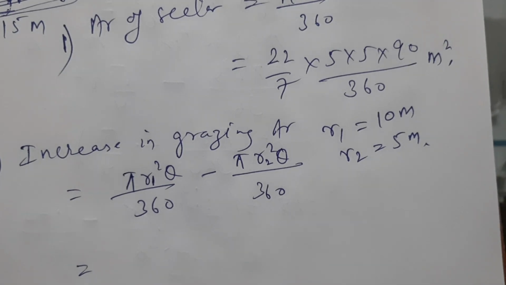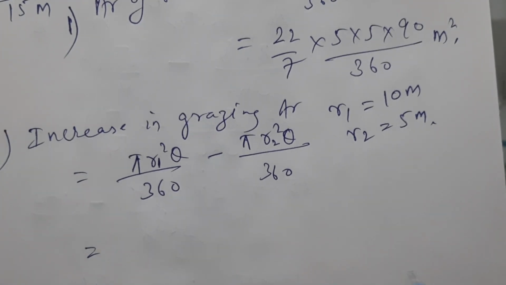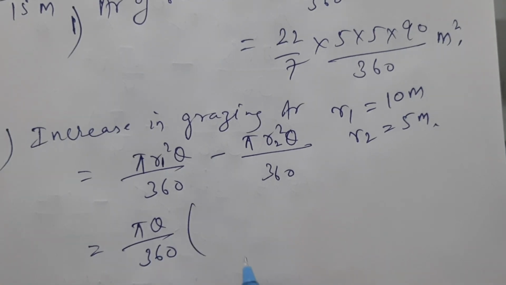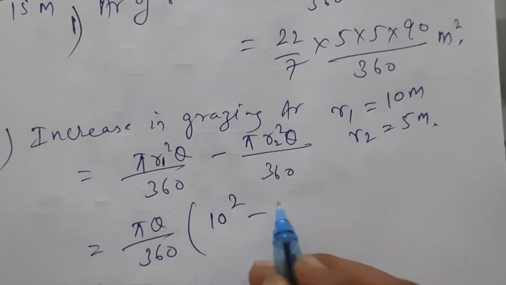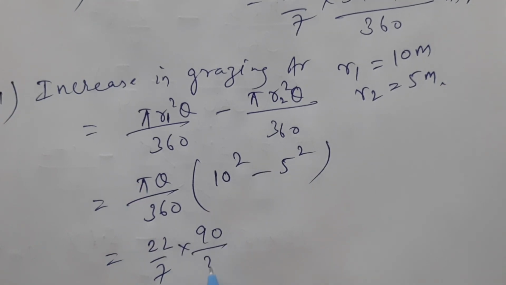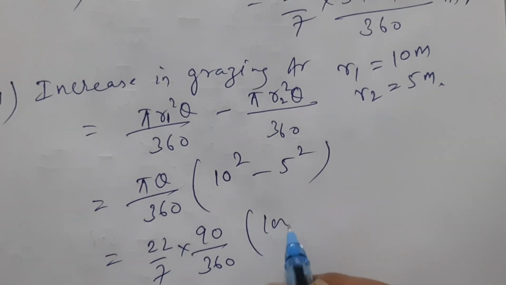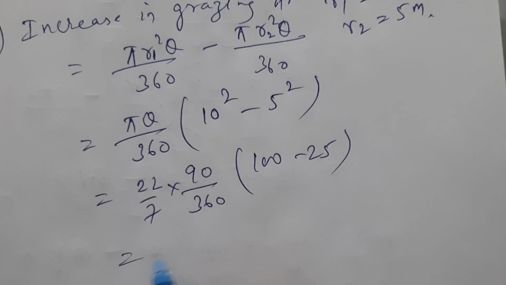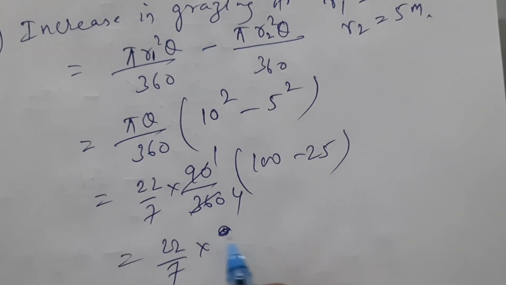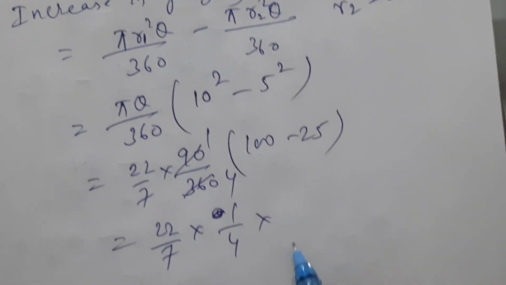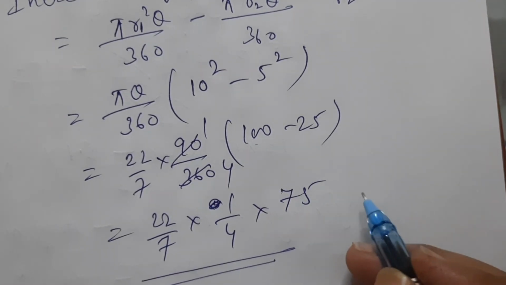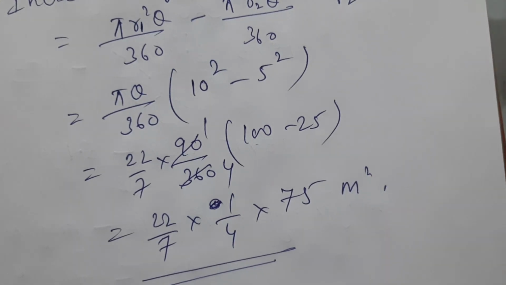Now calculate separately and subtract, or by taking common you can subtract. Pi theta upon 360 can be taken common. So it's 10 square minus 5 square. Pi is 22 by 7, theta is 90 upon 360. 10 square is 100, minus 25. So it's 22 upon 7 multiplied by 1 by 4, and 100 minus 25 is 75. Now complete the calculation and you will get the answer: the increase in area for grazing.